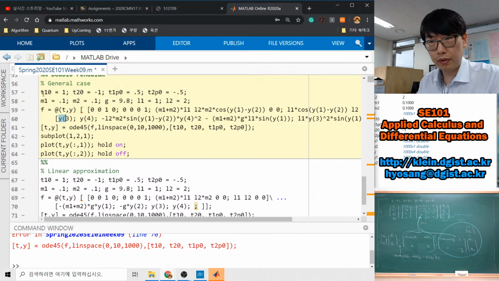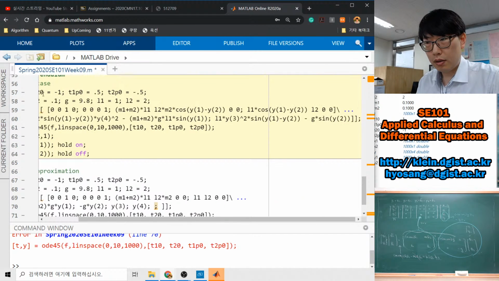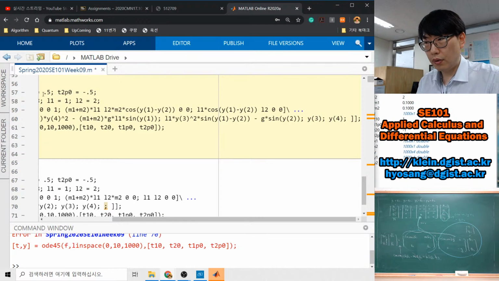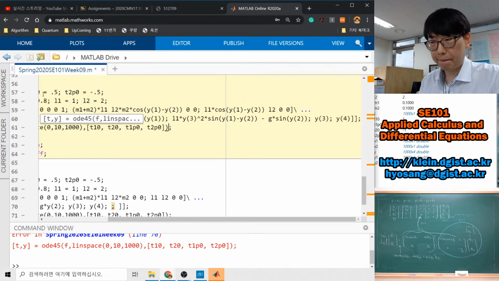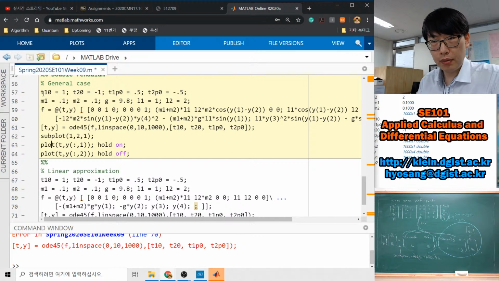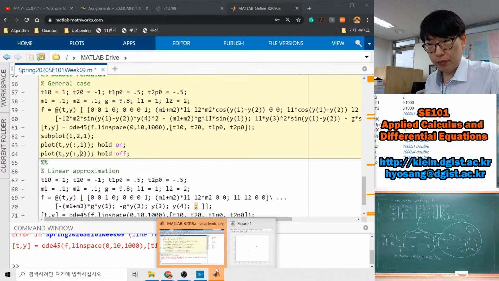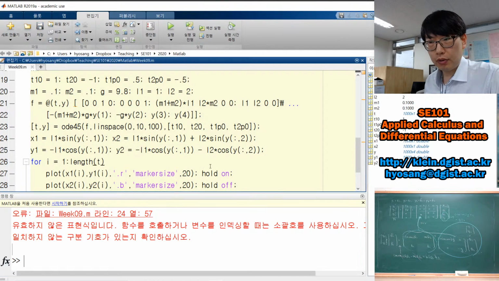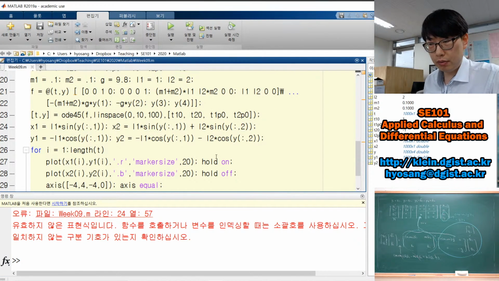So this goes to the end. Here we have 3, 4. Okay. And then y1, y2. So this is the actual movement. Okay, so let's look at this one again.